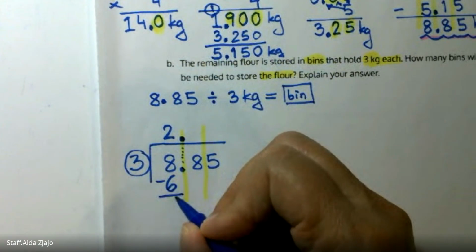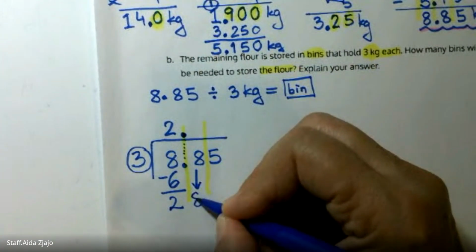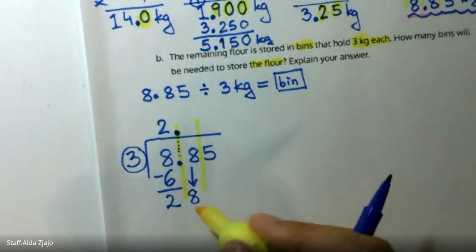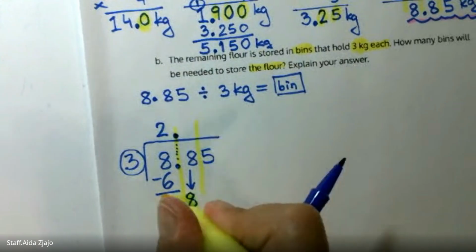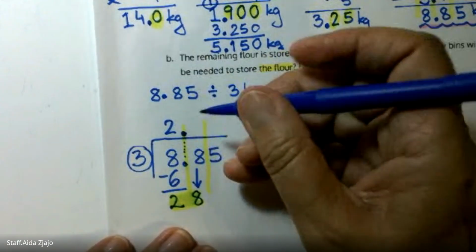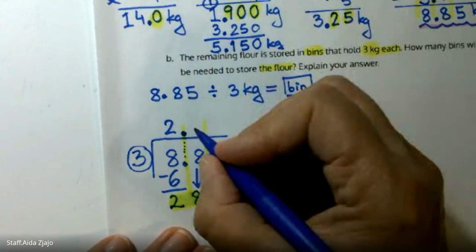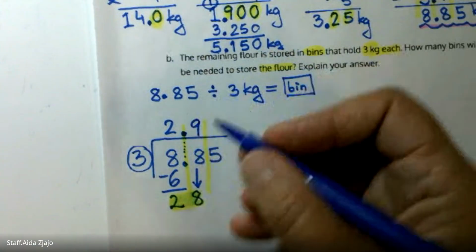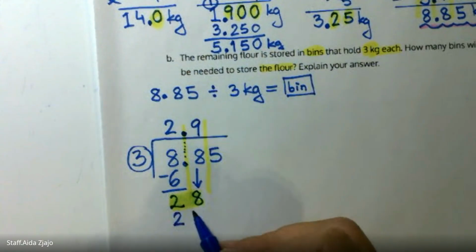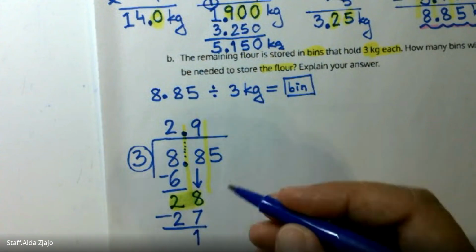When I subtract, I have 2 left. I'll bring down the 8, and now I have 28. 3 times what is 28? 3 times 7 is 21. 3 times 8 is 24. 3 times 9 is 27. And subtract, you get 1 left.